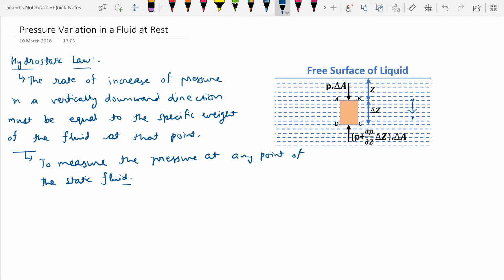To analyze or to measure the variation of pressure in a static fluid, let us consider a smaller fluid element ABCD.